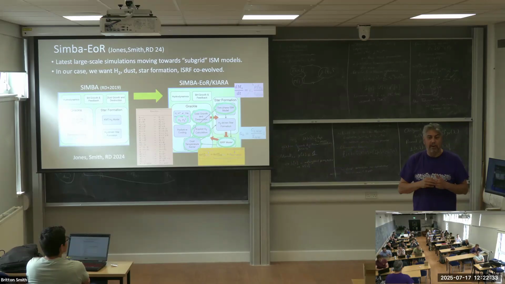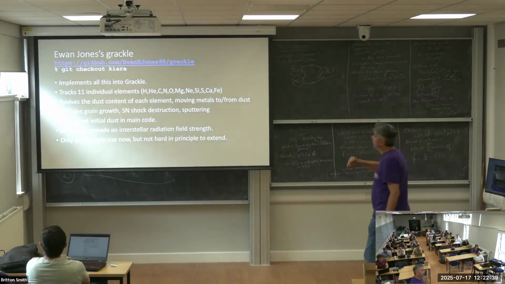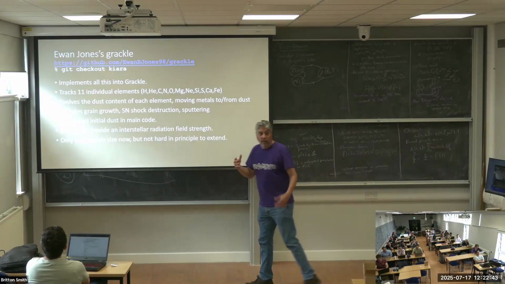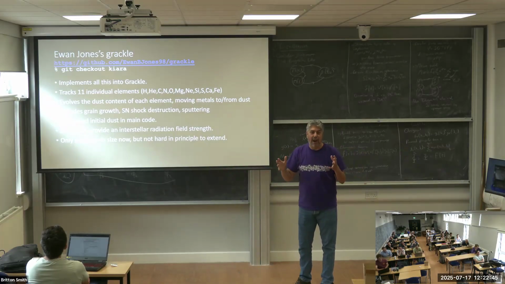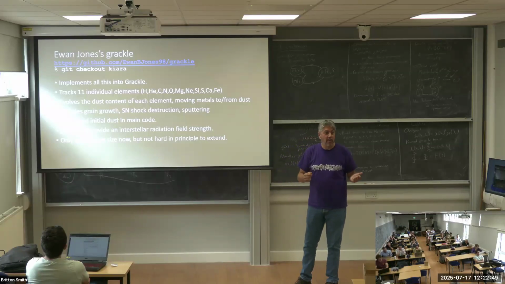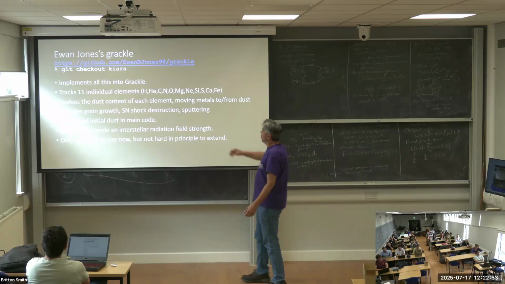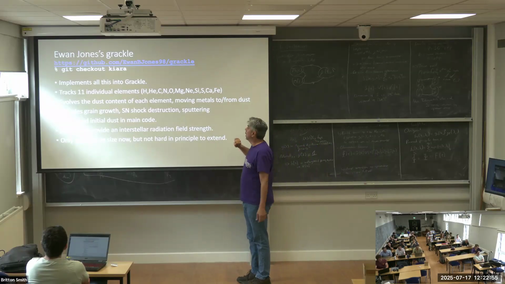And all this is embedded within Grackle now. But you just have to get Ewan's fork of it, and you have to check out Kiara. So this now allows you to take Grackle and add a dust solver, just kind of for free. Right now, it's tracking 11 elements.